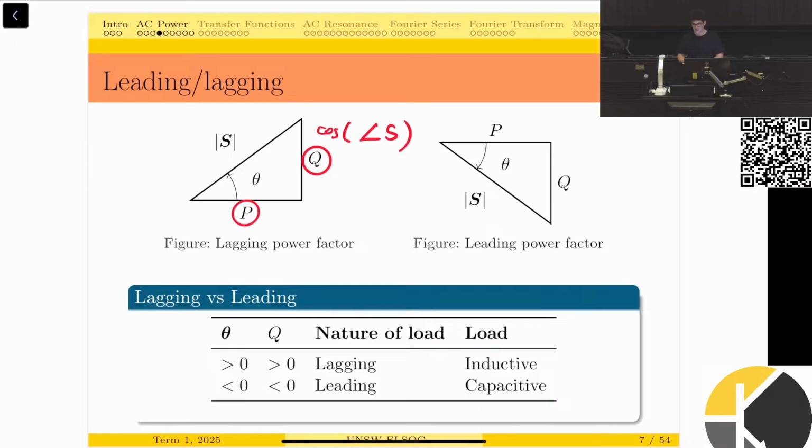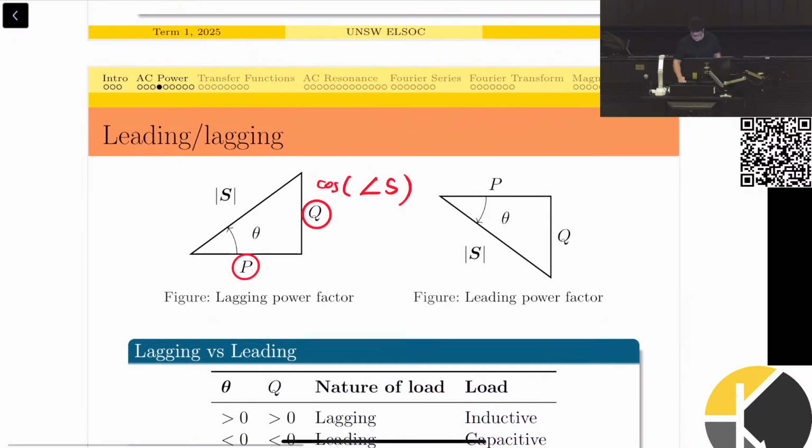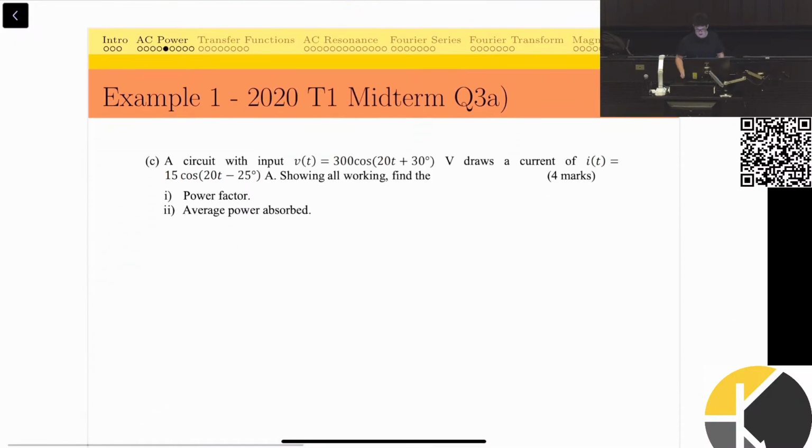And one's a capacitive load, it acts like a capacitor. If theta is greater than 0, you have an inductive load, and we call that lagging, right? And if theta is less than 0, we call that leading. It doesn't mean that the actual load is an inductor or capacitor, it's just that the equivalent impedance acts like that. Let's keep going.